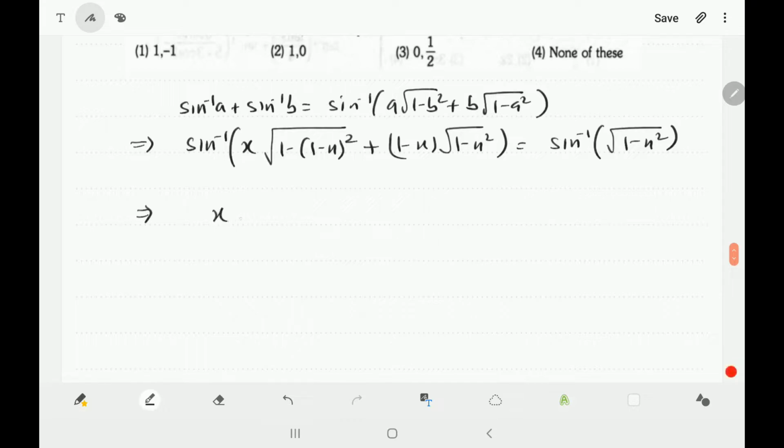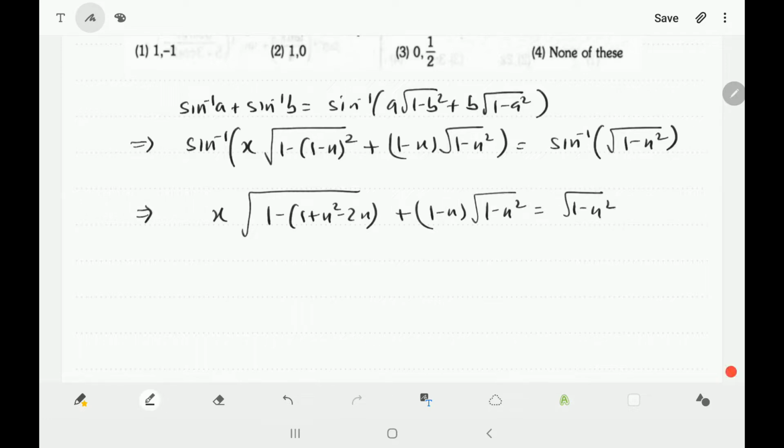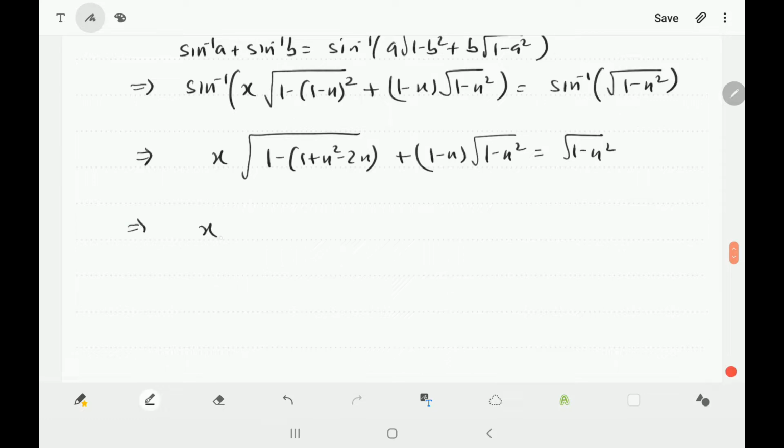So from both sides we can cancel sin inverse. We will be left with x into under root of, this term will be 1 minus (1 plus x square minus 2x), plus (1 minus x) into under root of 1 minus x square, and this is equal to under root of 1 minus x square. So we will be having x under root of 2x minus x square.